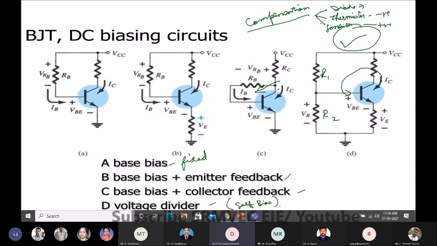Any change due to temperature is going to be looped in such a way that the output increment will be decreased by a decrement in the input, because output is based upon input. Okay. So when input changes, output changes. So you connect the diode, thermistor or sensor into the circuit in such a way that the output increment will be decreased in the input by this compensation device. Okay, so this is how you can stabilize your Q point.